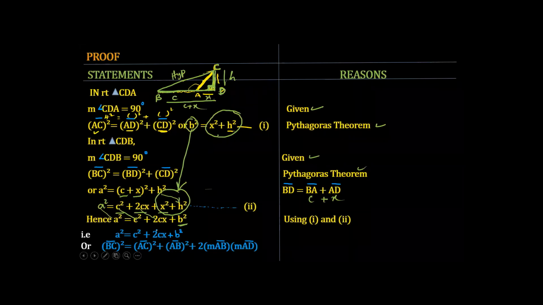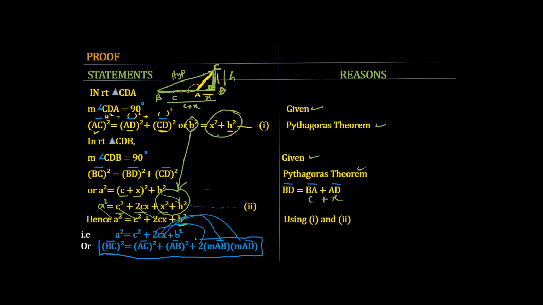So you have A square, BC square, and B square is AC square, and 2 is 2, and C is AB, and X is AD. So that is what you need to prove. You needed to prove this one. So we have proved theorem number 1.